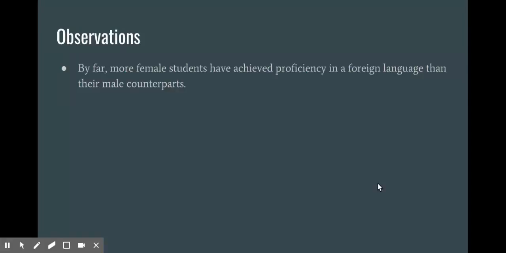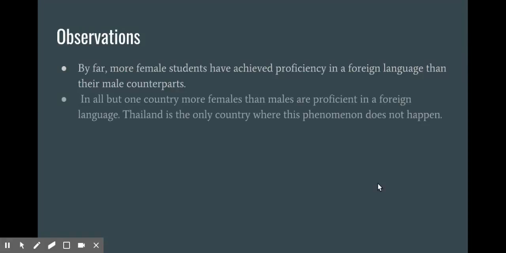This happens in almost every single country. In all but one country. That's another observation: this happens in 5 out of the 6 countries. So in all but one country, more females than males are proficient in a foreign language. Thailand, so you want to say which country it is. Thailand is the only country where this phenomenon does not happen.